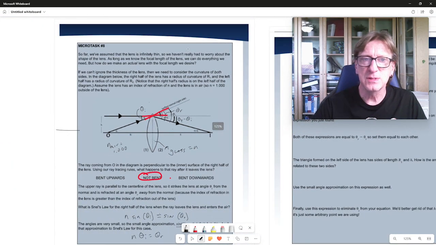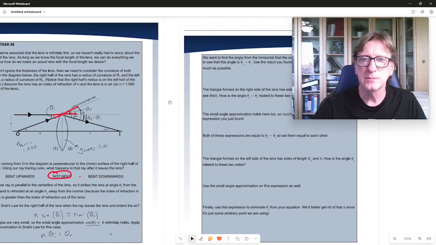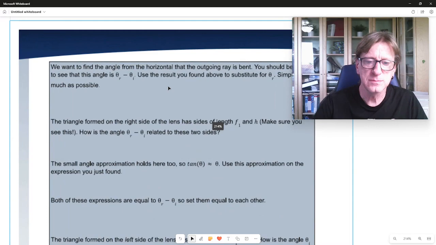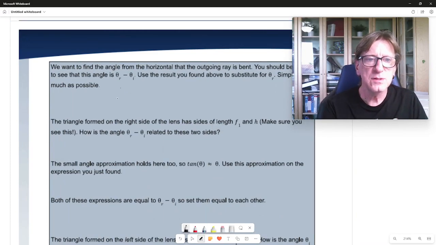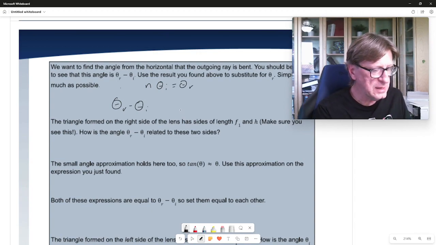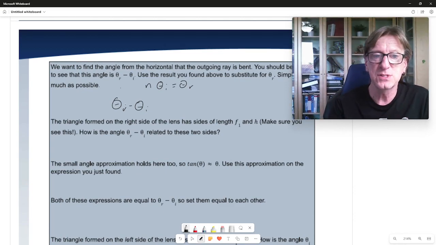Okay, so let's plug that back in over here. And so we have theta R minus theta I. But I'm going to plug in the result we got on the previous page, that n theta I was equal to theta R, and use that to get rid of my theta R. So let's plug this in for theta R right here.